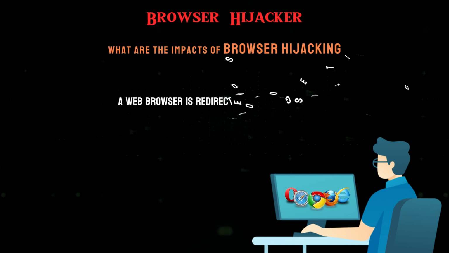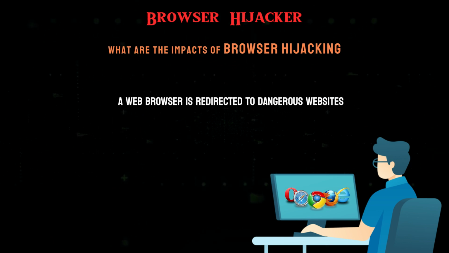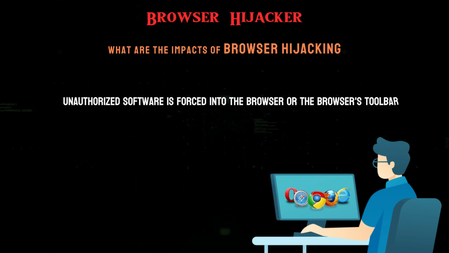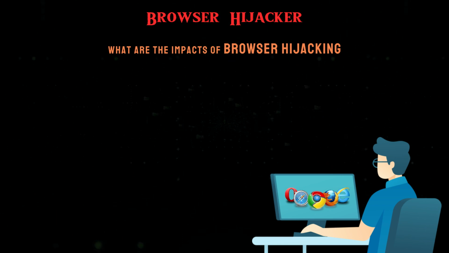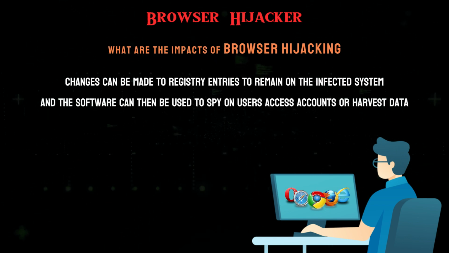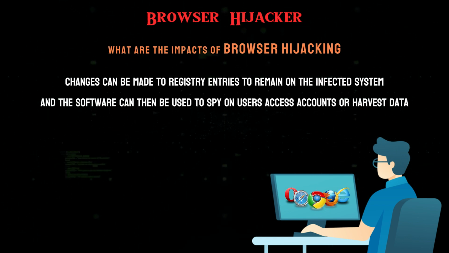A web browser is redirected to dangerous websites. Unauthorized software is forced into the browser or the browser's toolbar, and modifications beyond the browser changes can be made to registry entries to remain on the infected system, and the software can then be used to spy on users, access accounts, or harvest data.